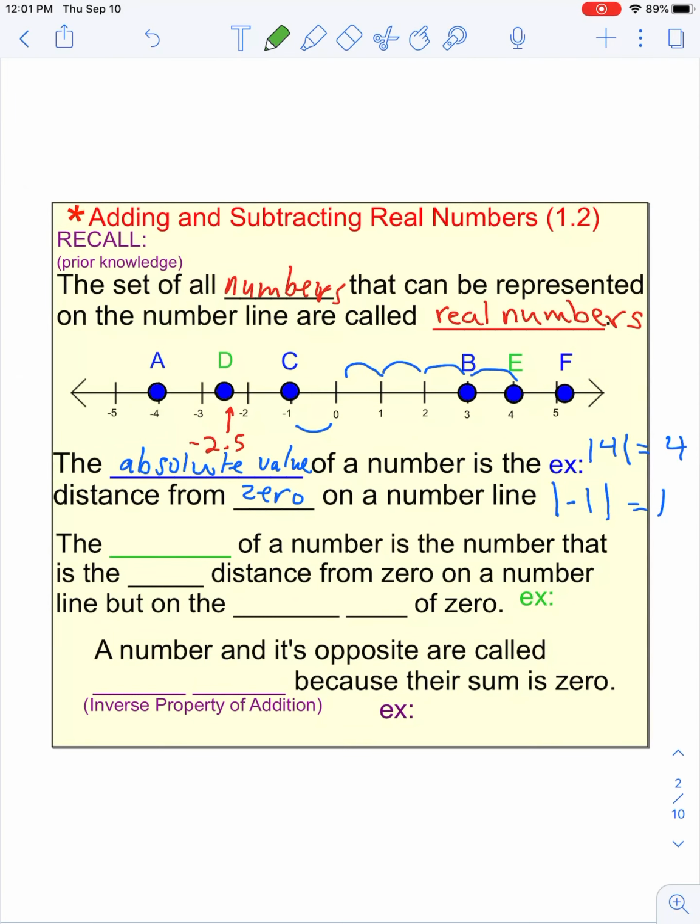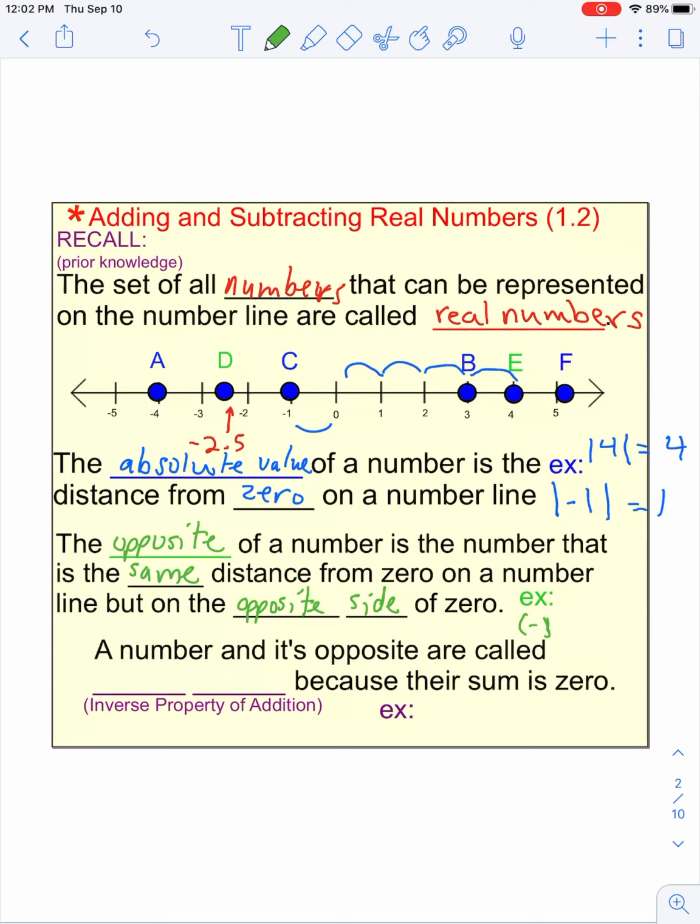Now that's different from the opposite of a number. So the opposite of a number is the number that is the same distance from 0, but on the opposite side of 0 on a number line. And you can actually use the negative symbol. That also means the opposite.